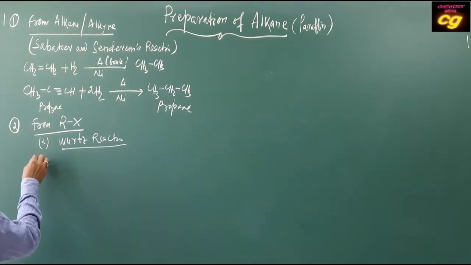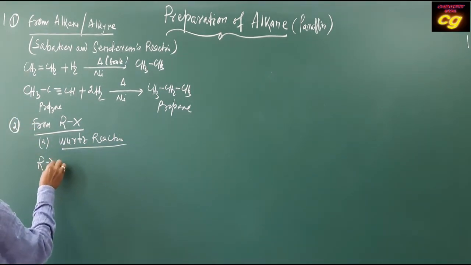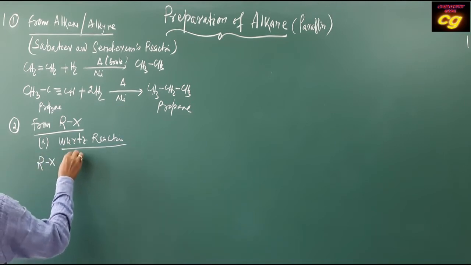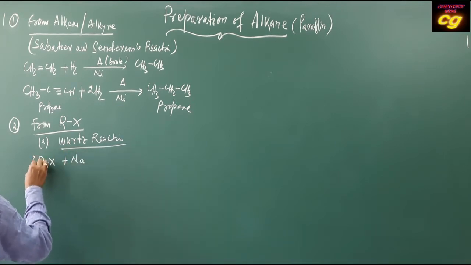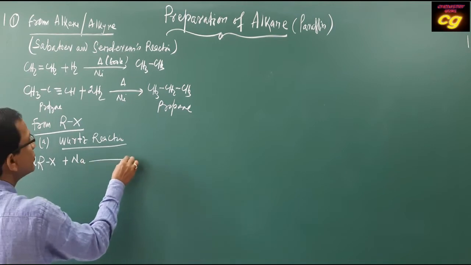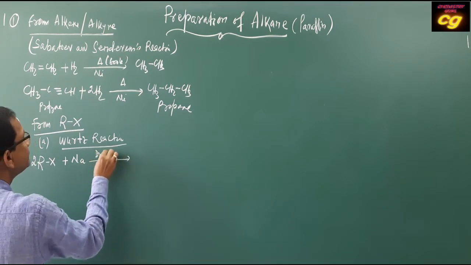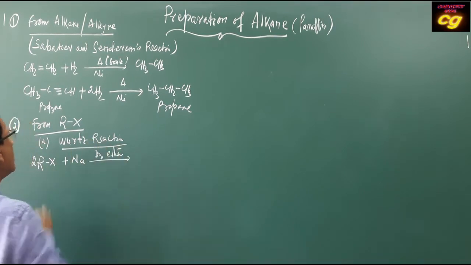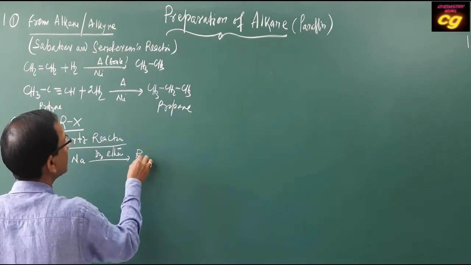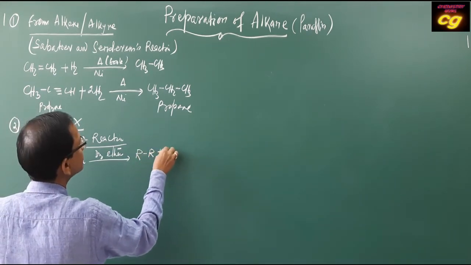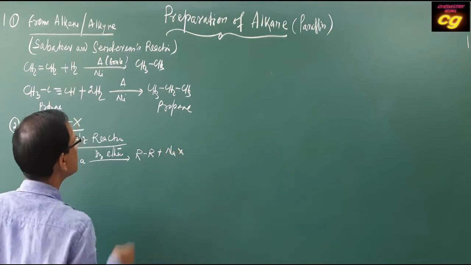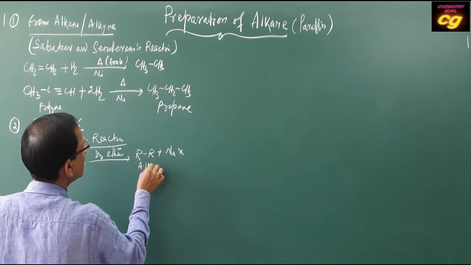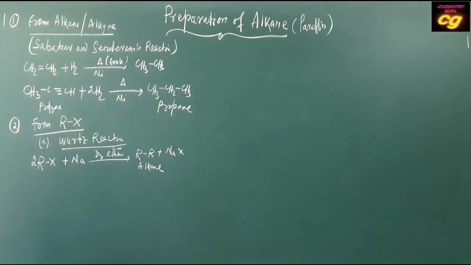Here, 2 molecules of haloalkane react with sodium metal in the presence of dry ether and produce a higher alkane. So here 2 molecules are required.